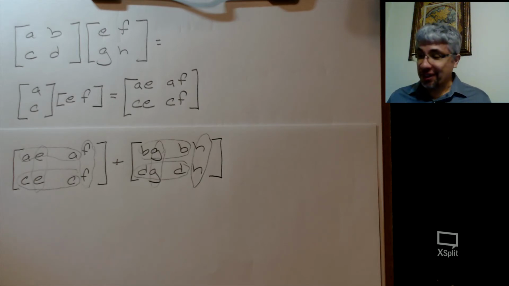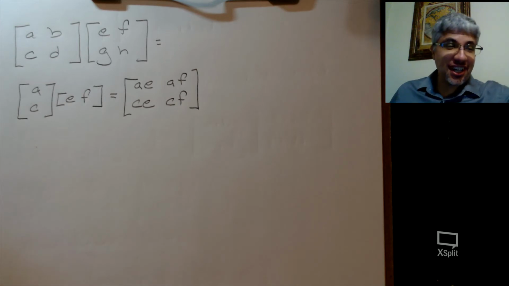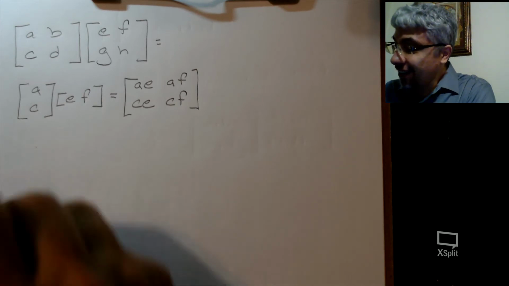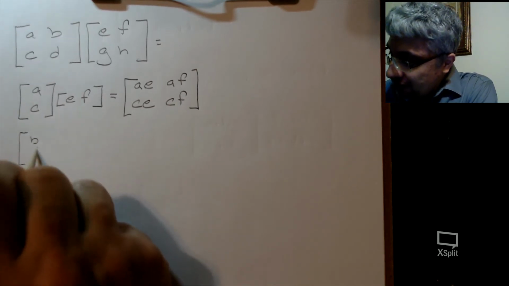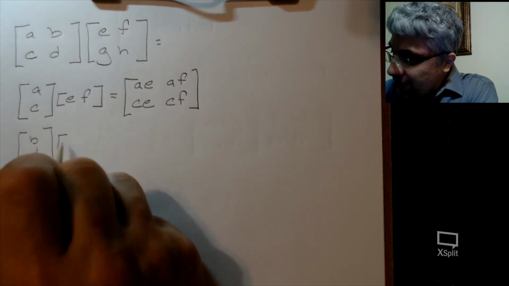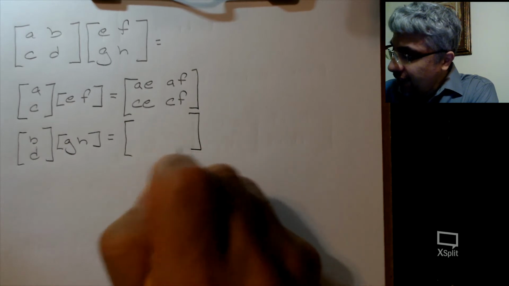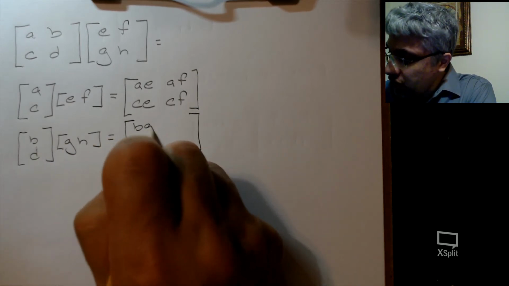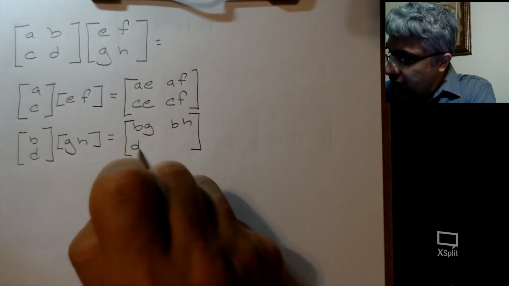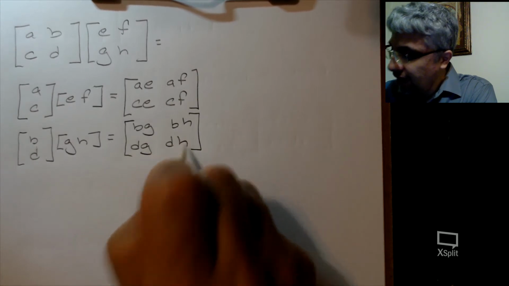Well, you probably have already guessed it. Let's try taking the second column, BD, times GH. And what do I get? I'm going to get BG, BH, DG, DH.